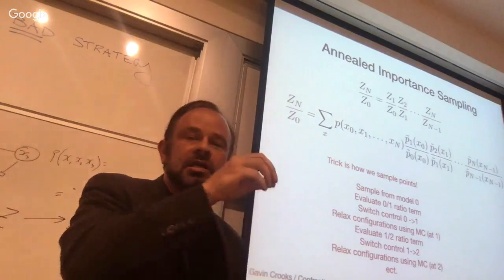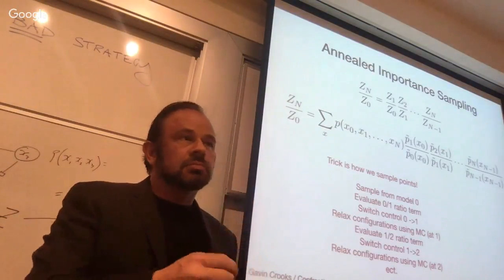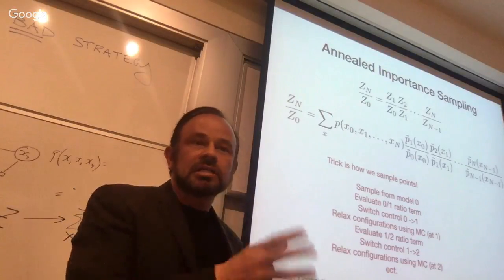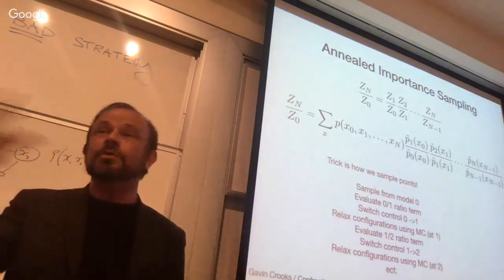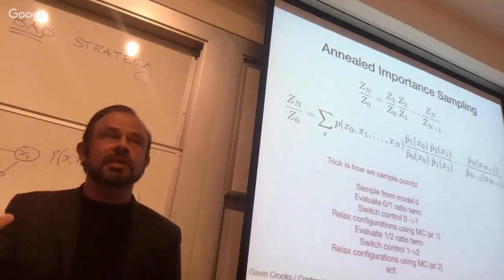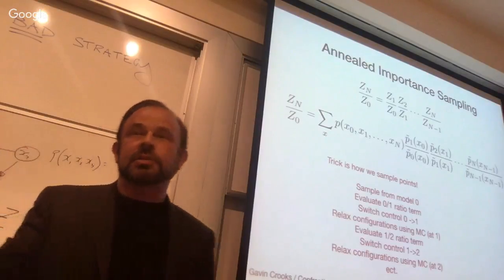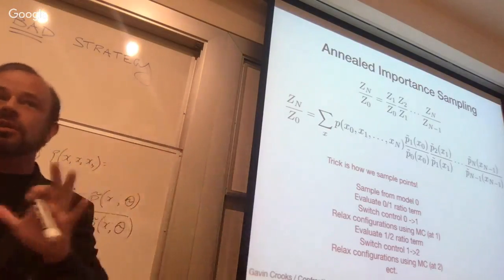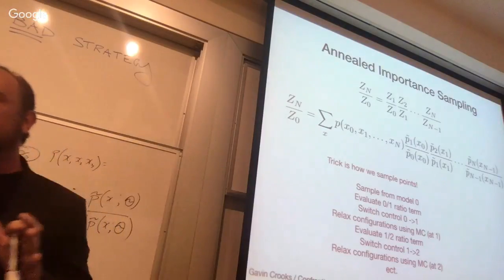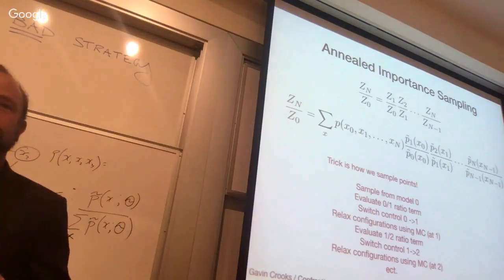The idea is that I start at 0, so I'll burn in a Monte Carlo simulation at 0, and evaluate that first step. Now I'll do a single Monte Carlo update, relaxing with that new parameter. That's not long enough for the thing to fully burn in and relax, but it moves it a little bit towards where it was going.